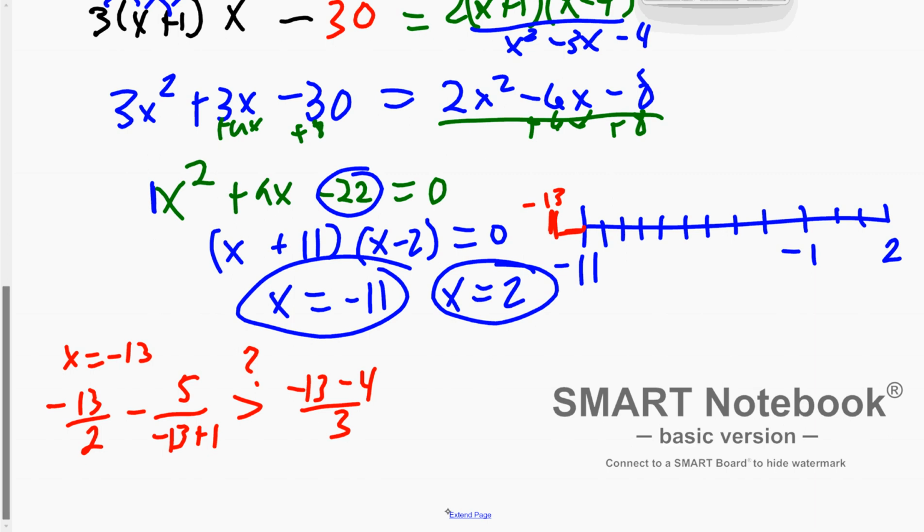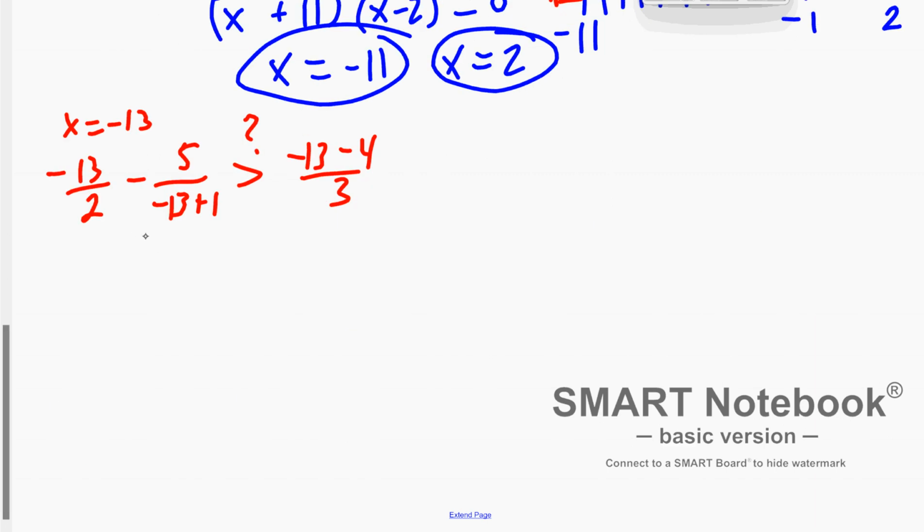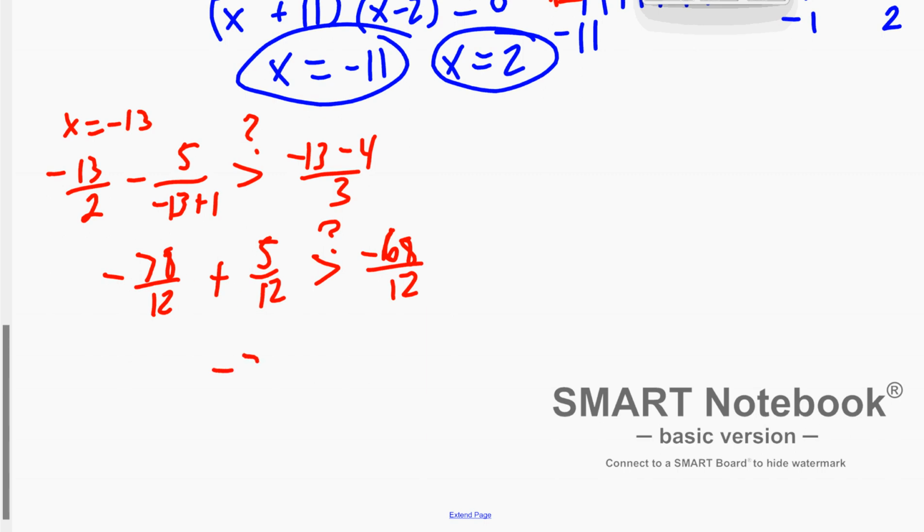Doing the math here, I get -78 over 12 plus 5 over 12, just getting a common denominator over 12, is greater than, we're going to see if that's true, -68 over 12. And again, I'm just combining -17 over 3, getting a common denominator of 12. Combine these now, you get -73 over 12.